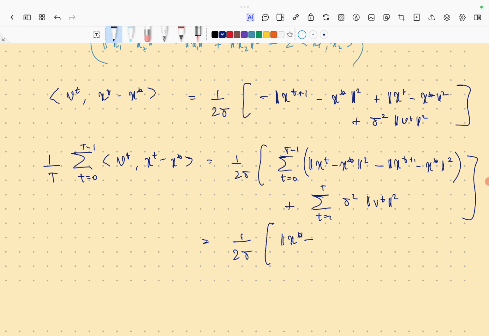So this is norm x0 minus x star squared minus norm x capital T plus 1 minus x star squared, plus delta by 2 times the sum of norm vt squared.